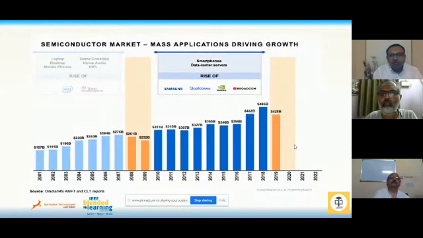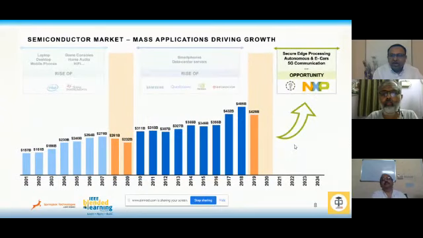The next wave of growth was in the smartphones and data center market, with the rise of the behemoths like Samsung, Qualcomm, Nvidia, and Broadcom, continuing the march of the semiconductor market, propelling new waves and avenues of growth. And this marked the beginning of the next decade of growth, where I call upon secure edge processing, autonomous and e-cars, and 5G communication as the major opportunities and growth drivers in the next decade.